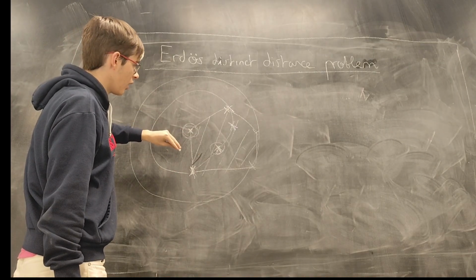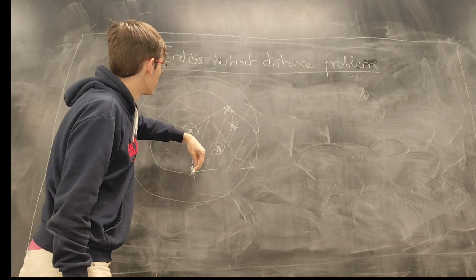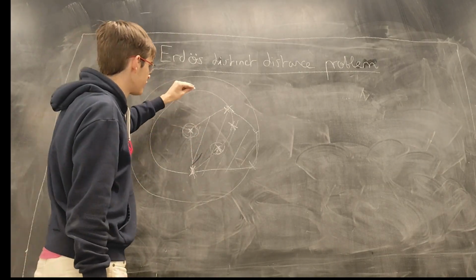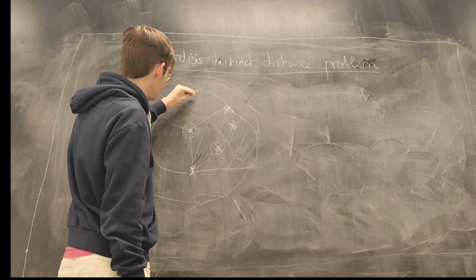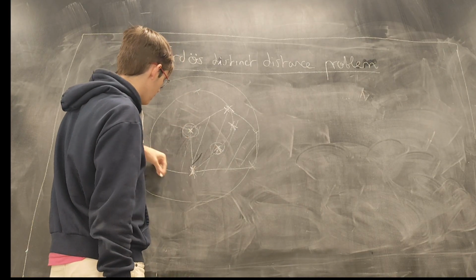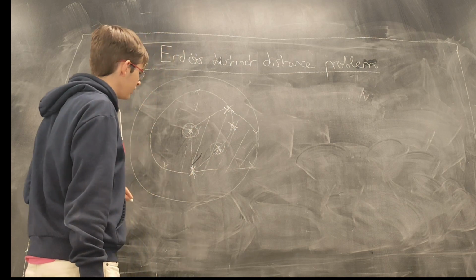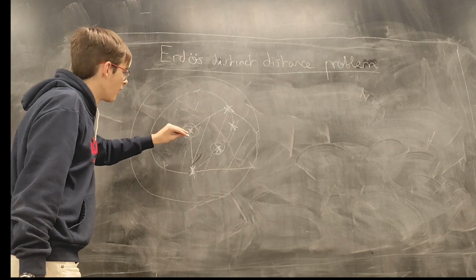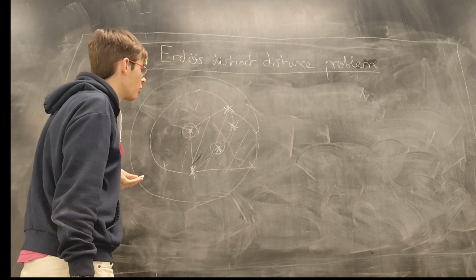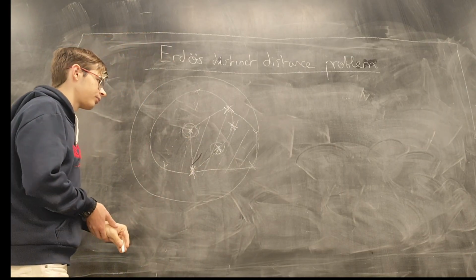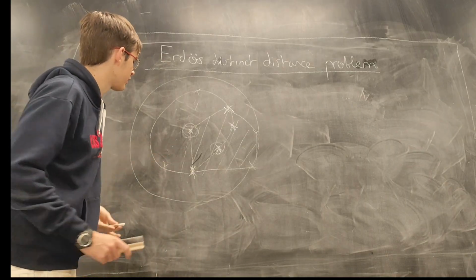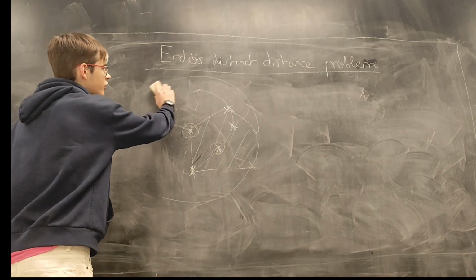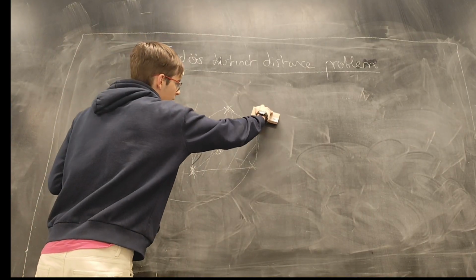Because if we can't find a semicircle that contains all of the points, it means that, for instance, we must have one point here and one point to the left of this line, and then our point here would not be on the border of the convex hull. So this is a little trick that lets us just avoid the semicircle construction.